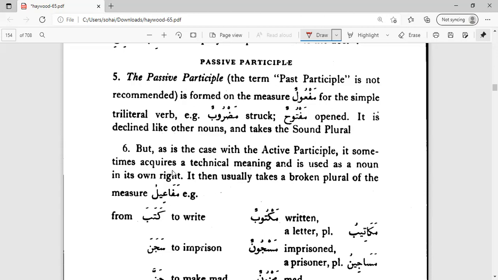How do we form the active participle in Arabic for the verbs we have done? On the scale of Fa'ilun? What is an active participle? What am I talking about?